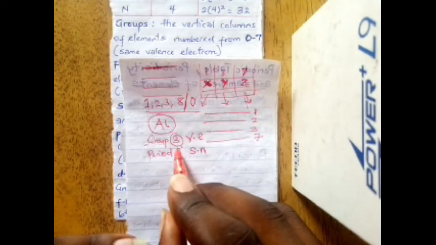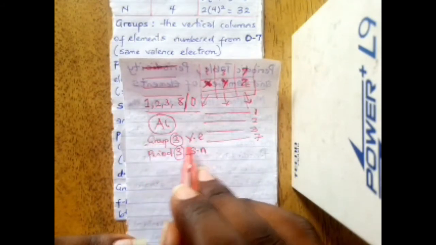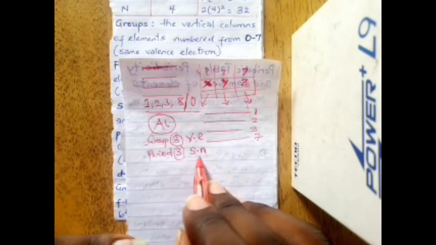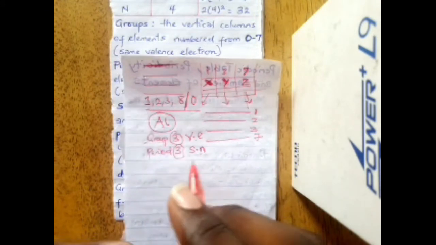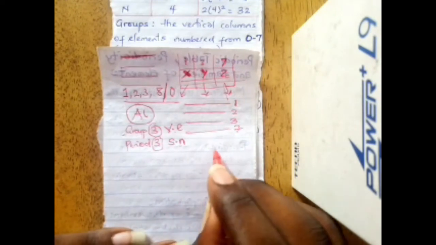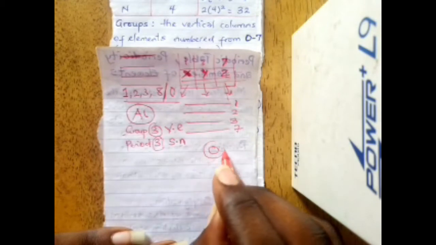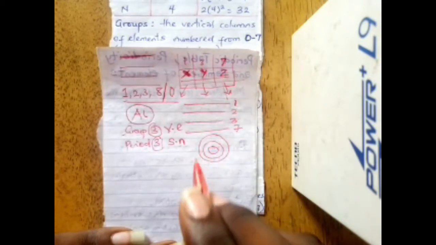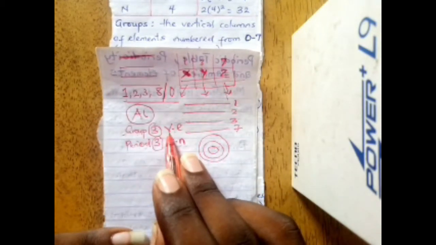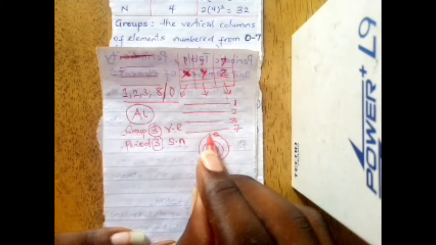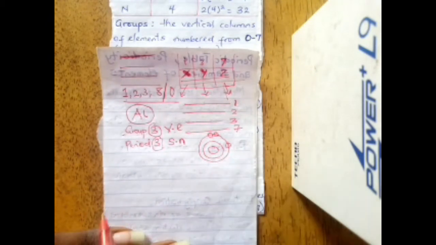It has 3 valence electrons because it is in group 3, and 3 shells because it's in period 3. So writing the configuration for aluminium will simply be, since it is in period 3, we have 3 shells, and because it is in group 3, automatically it has 3 outer electrons.